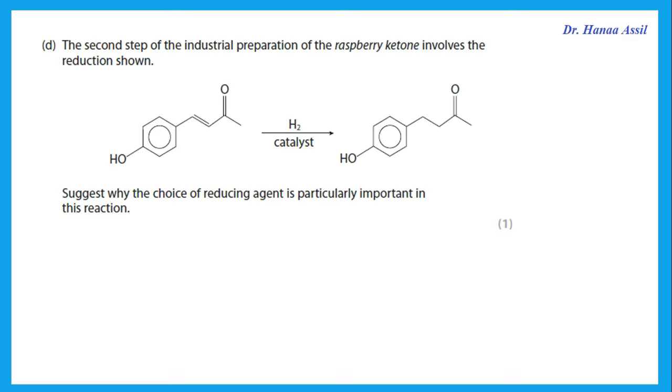Suggest why the choice of reducing agent is important in this reaction. Remember, we want a reducing agent that will reduce only the C=C double bond, but not the ketone. We don't want to change the ketone to an alcohol. So we use hydrogen in the presence of nickel, because it will react with the C=C double bond, but will not affect the ketone.